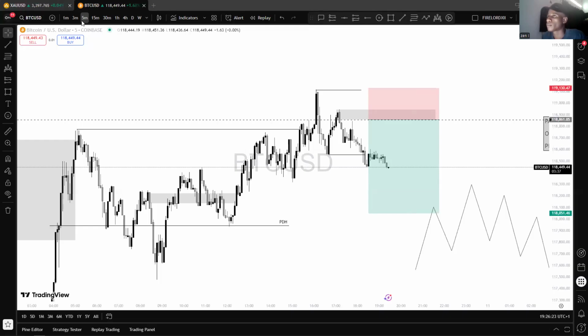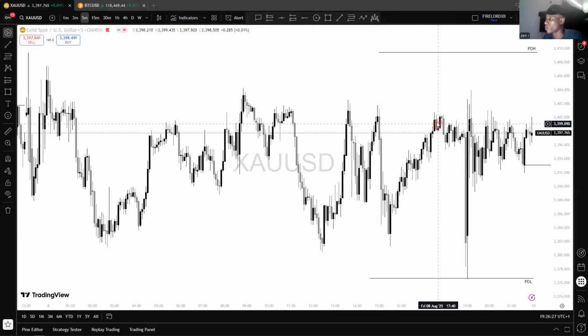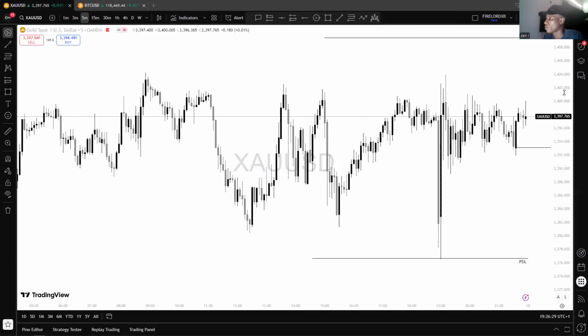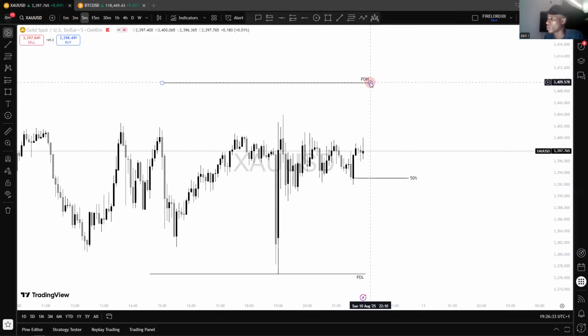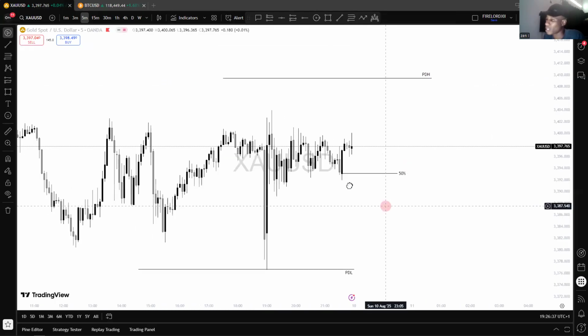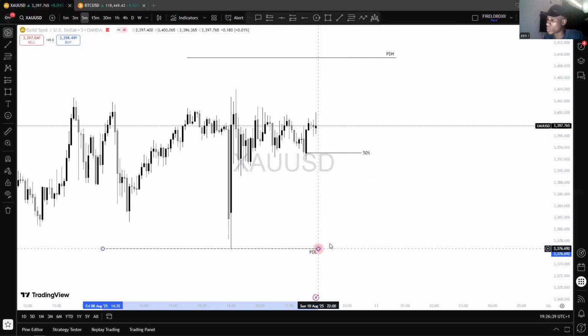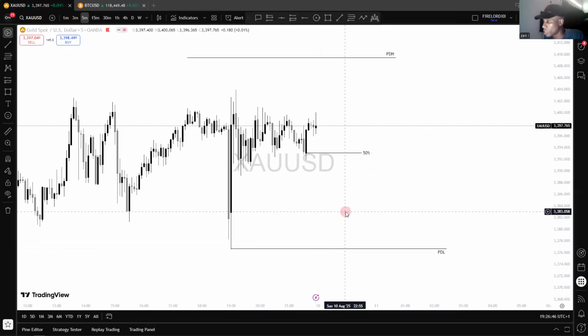So we'll just be waiting for price to sweep range high. That's what we want to see.